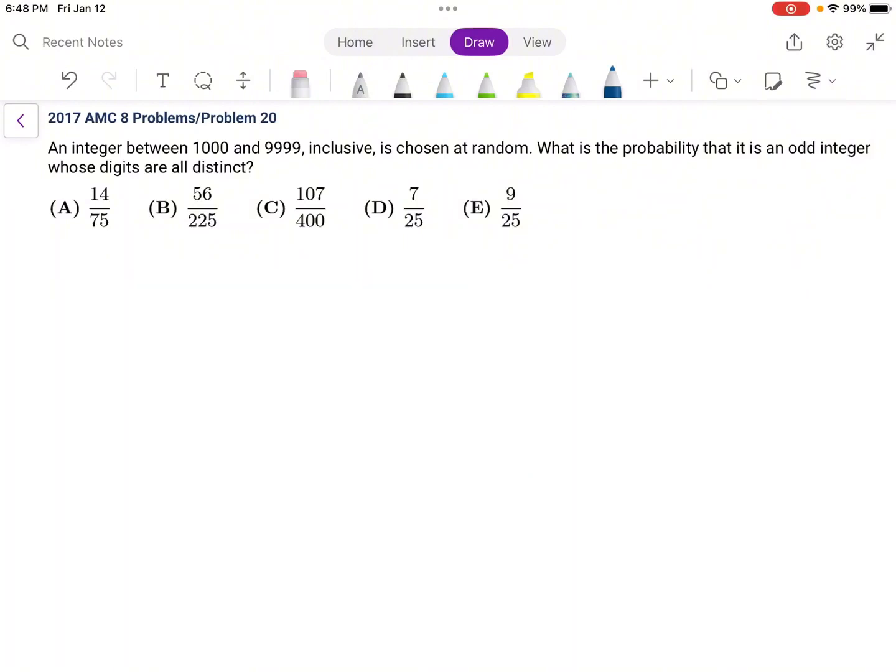Problem 20. To solve this problem, the key is to identify that because the single digit has to be an odd number, it only has 5 odd digit choices. So we need to write that down first. That's 5 choices.